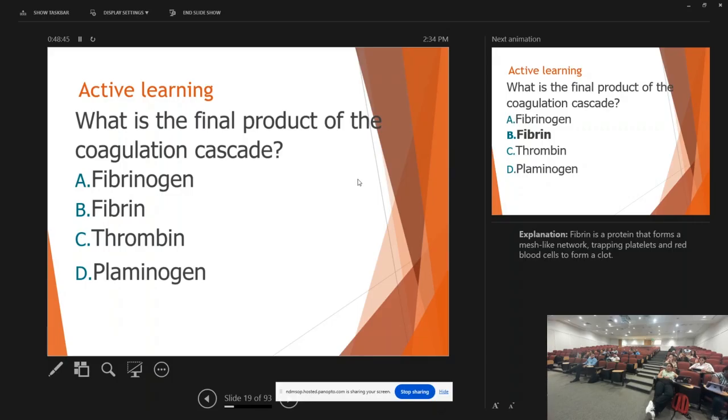Sometimes we jump into the answer, and then it becomes, oh, did I read the question correctly? So we are talking about the coagulation cascade. Open that pathway, the coagulation pathway, and then see. So it's fibrin, right? Yes. That's fibrin.